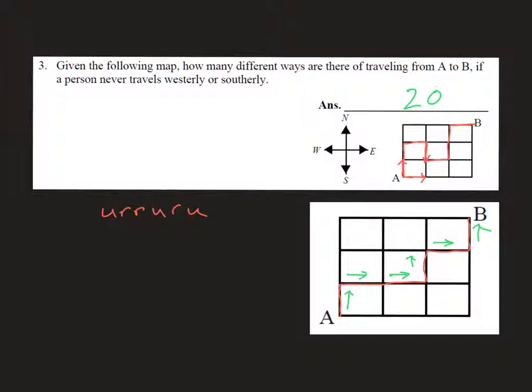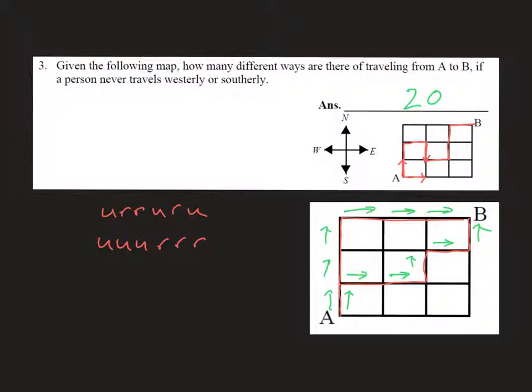Let's also try a different, simple path. In this path where you go up 3 times and right 3 times, you just write it as up, up, up, right, right, right.